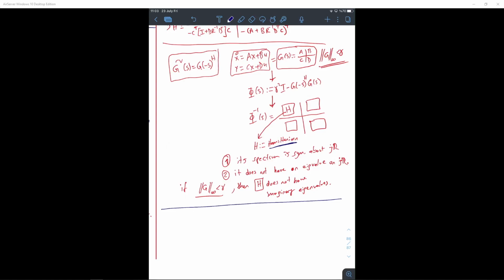Okay, and for example, in algebraic Riccati equations, or continuous time algebraic Riccati equations, for any algebraic Riccati equation, there is a Hamiltonian H matrix. Okay, and now I'm going to talk about this.